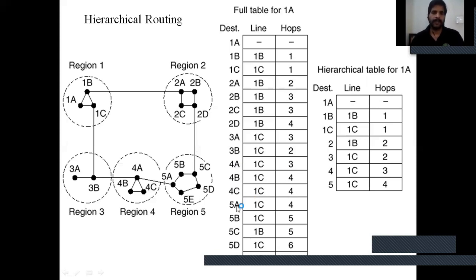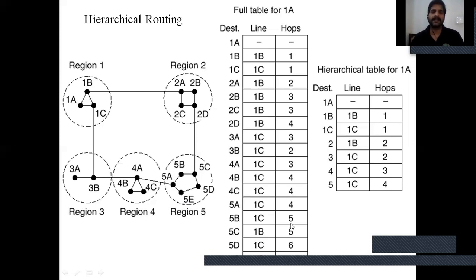Now for destination 5A, follow the path with hop equal to 4. If destination is 5B, follow the path with hop equal to 5. If destination is 5C, from 1A, if we follow line B the count is 1, 2, 3, 4, 5, and if we follow line C the count is 1, 2, 3, 4, 5, 6.